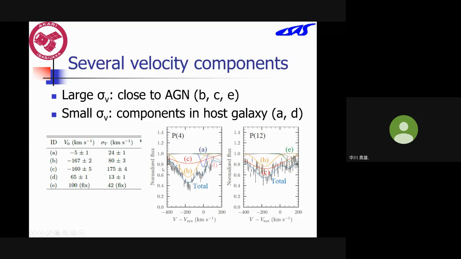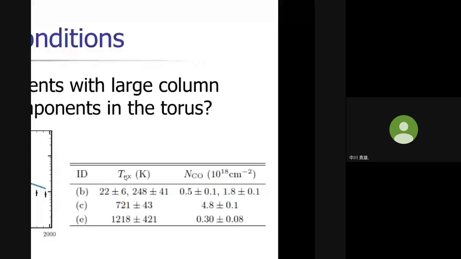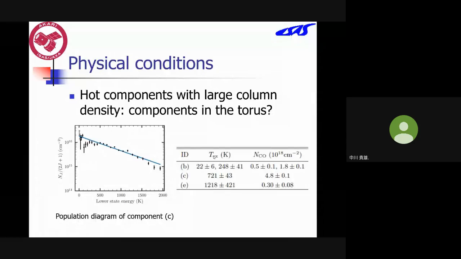So we make the decomposition of the components. This is J equals 4, this is J equals 12. For the 5 components, I'm not going into details, but for example, if you take one of the components, component C, this is what we call the population diagram, which shows the column density normalized by the degeneracy as a function of the excitation temperature.